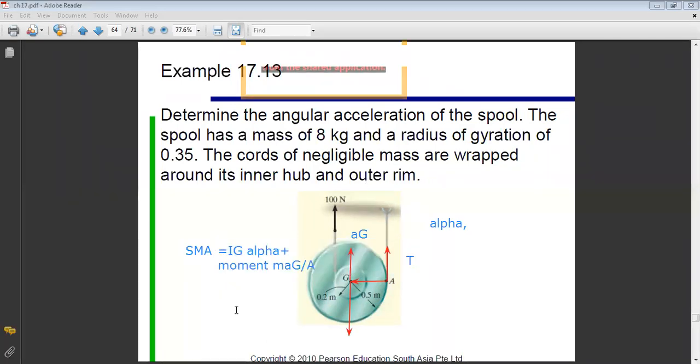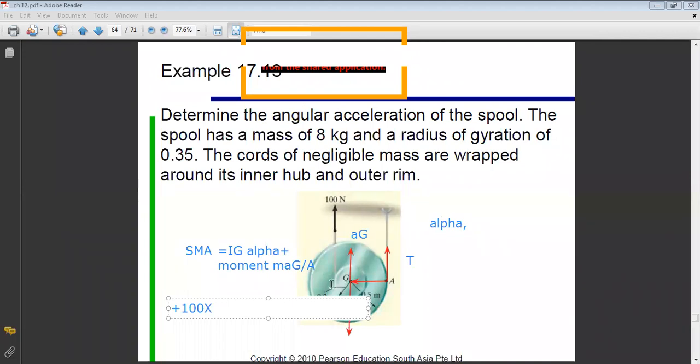In this case, what are the forces creating moment about A? If I choose the clockwise direction as positive, I have plus 100 times this distance.